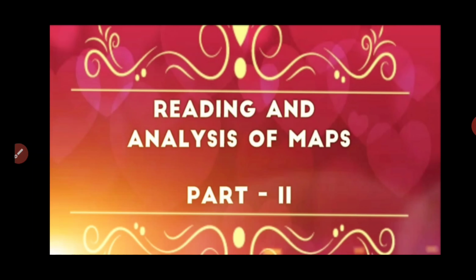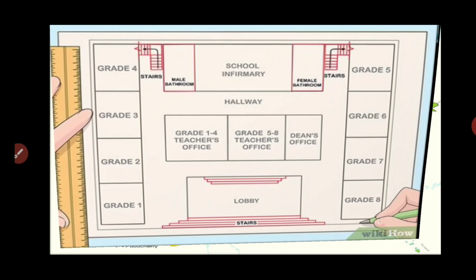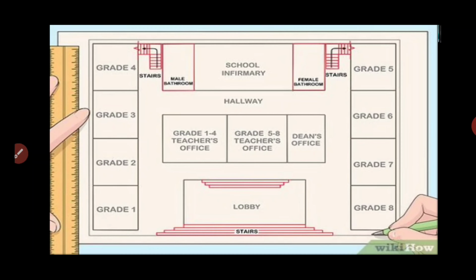Before learning this concept, we have to do one example for better understanding. For example, you draw a sketch map of our school and different classrooms. I am sharing one example here.